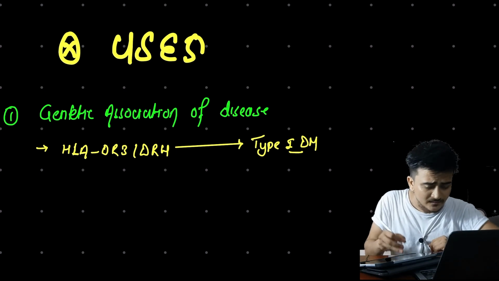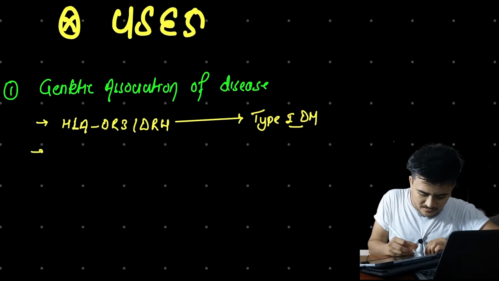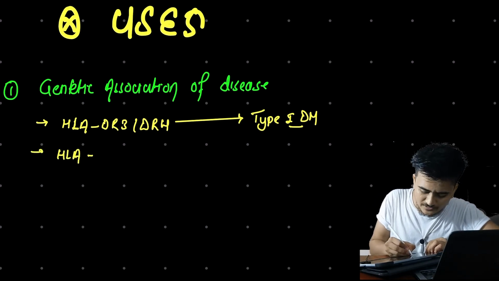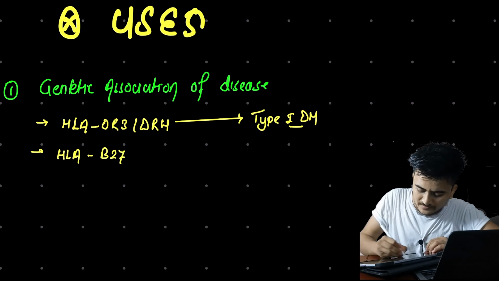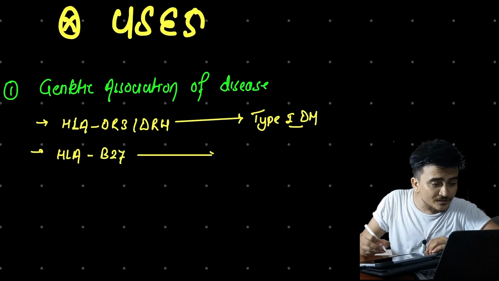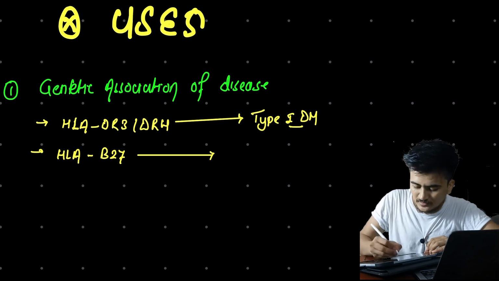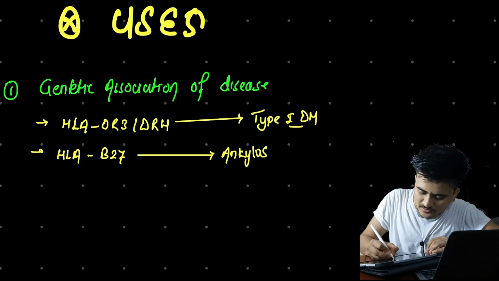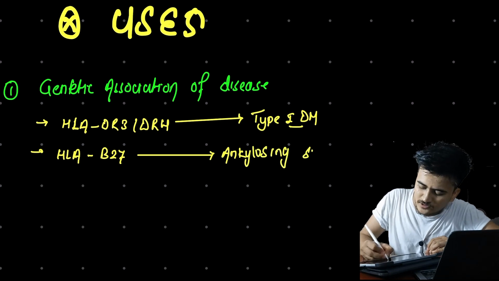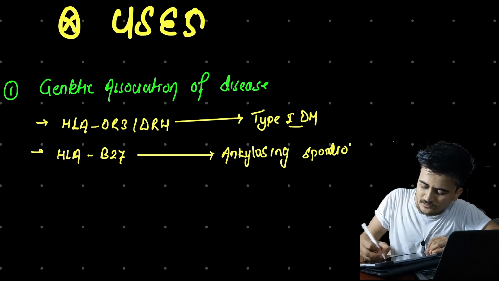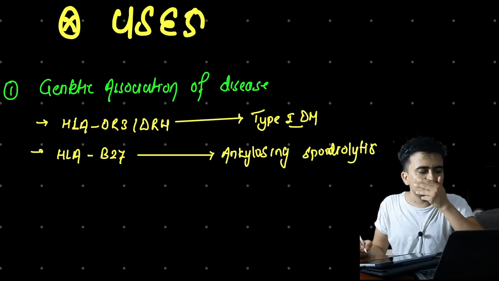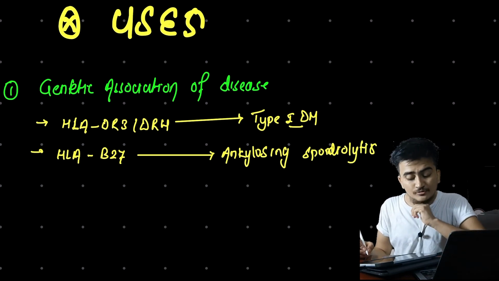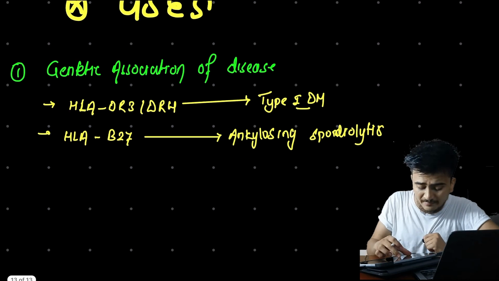And where there is the presence of HLA B27 type, it will be associated with ankylosing spondylitis. Okay, that is the genetic association of disease with MHC.